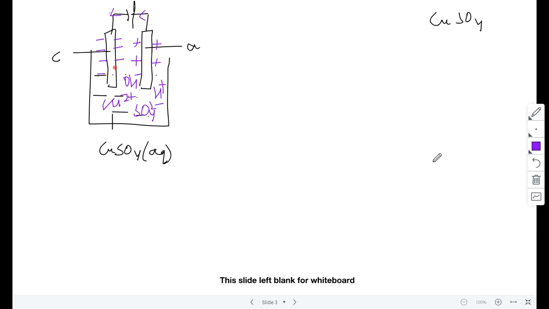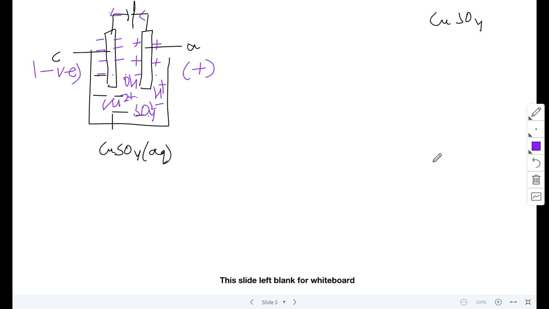Wait, I thought the positive ones went to the cathode. No, cathode is the negative electrode. Okay, negative, I'll write it here. Negative electrode, and anode is always positive electrode. So in a negative electrode, what will go? The positive ions will go, right?